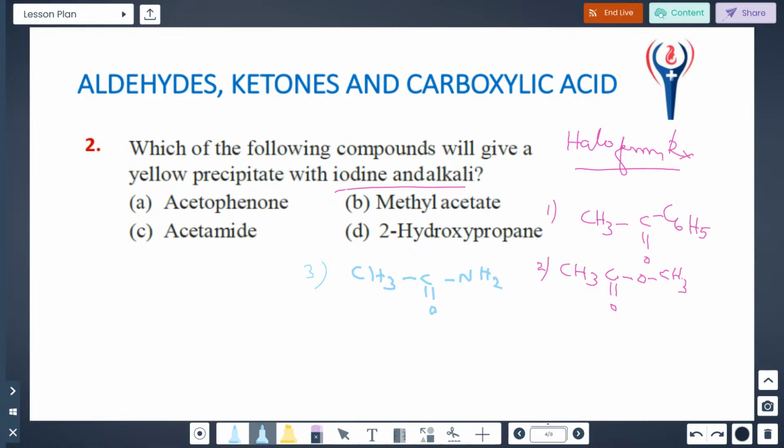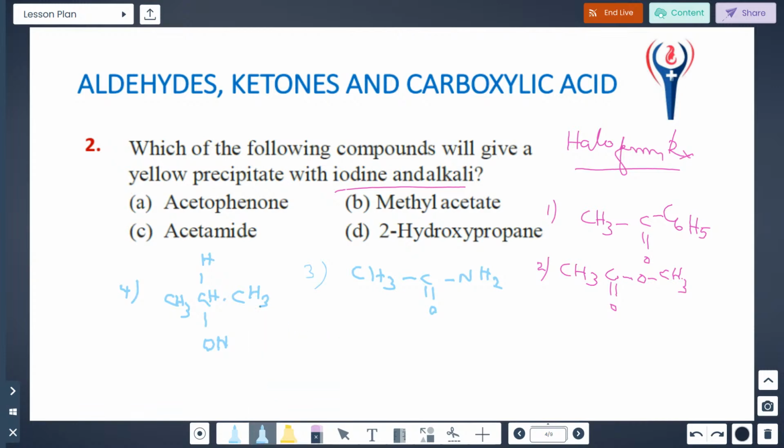Then 2-hydroxy propane. 2-hydroxy propane means the fourth one I will write it here. Propane means 3 carbon. 2-hydroxy propane, no, here OH group. Then after you can fill with hydrogen. That CH3, here H, here H, here CH3. Understood? Okay, right. So these are the structures I have written.